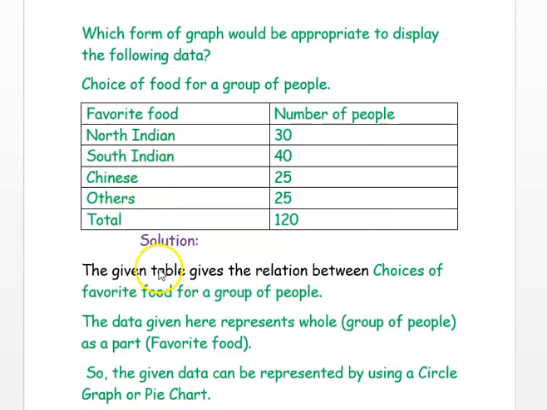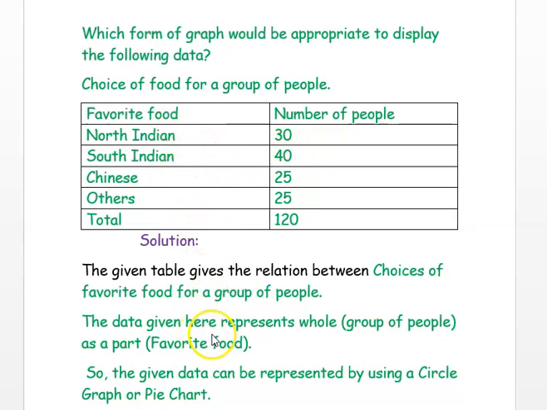Now let us see what type of graph is appropriate for this table. The given table gives the relationship between choice of favorite food for a group of people. So we have a group of people, and among that group we are dividing them based on their favorite foods.